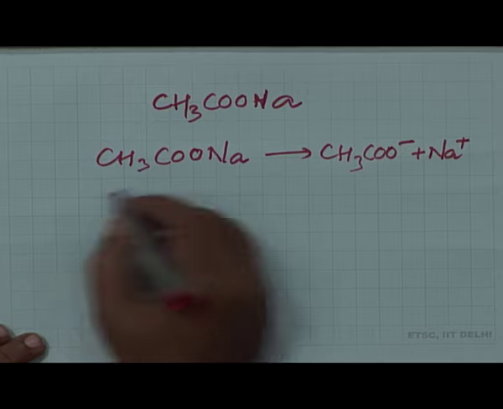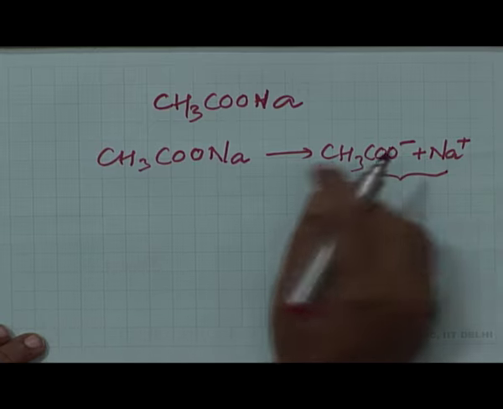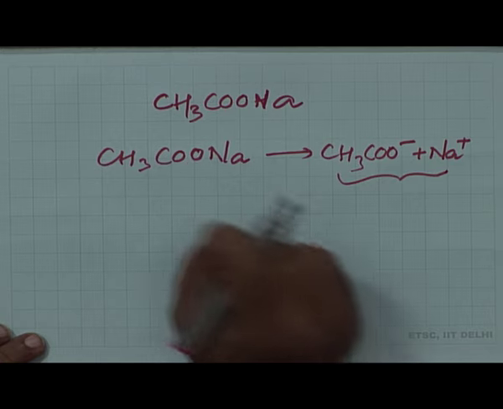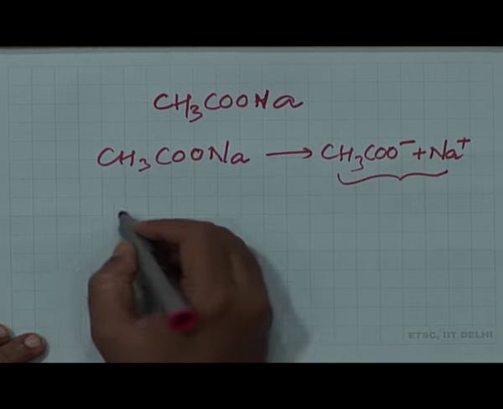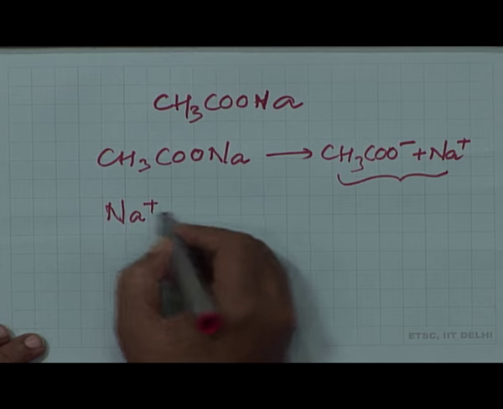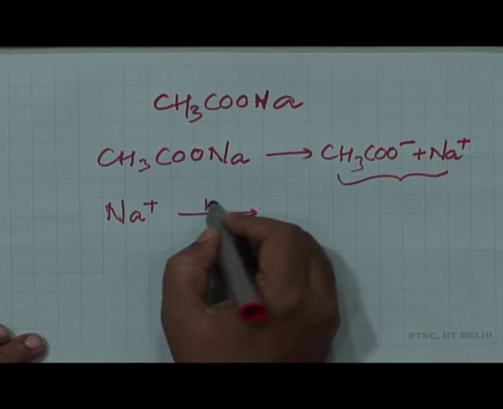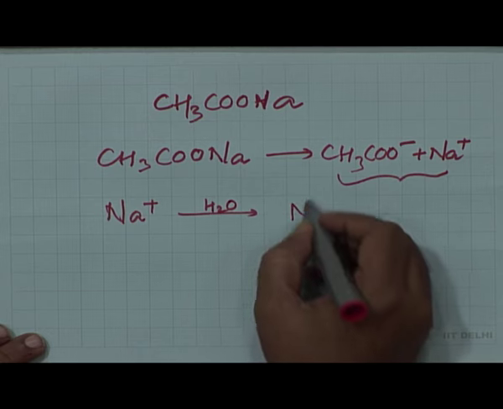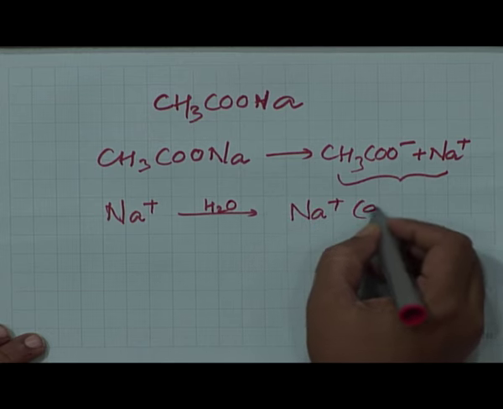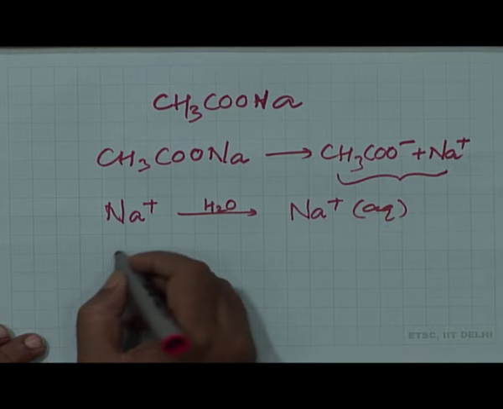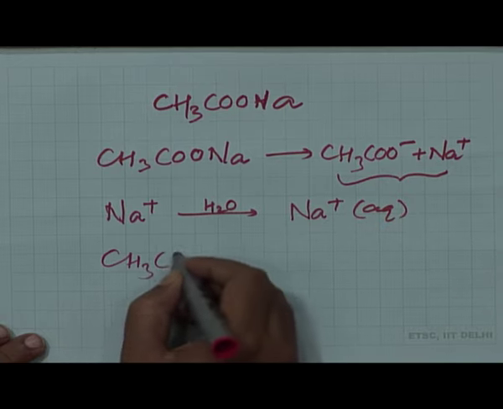Now, what will happen to these ions when they come into contact with water molecules? So, Na plus and water: you know Na plus gets hydrated. What about the acetate ion?